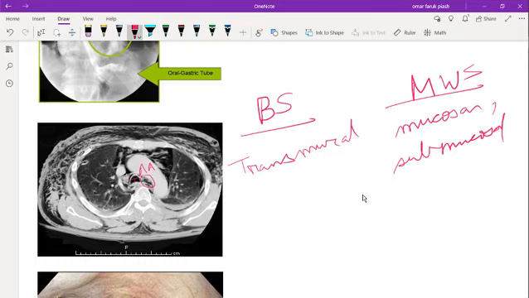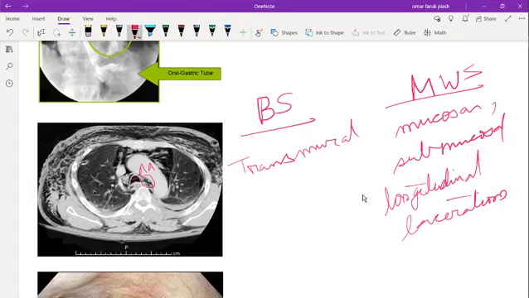In Mallory-Weiss syndrome there is longitudinal laceration, and it happens due to severe vomiting, not due to violent retching.